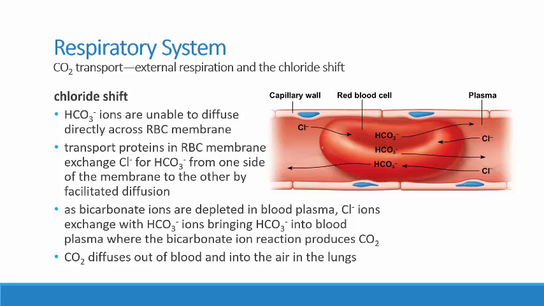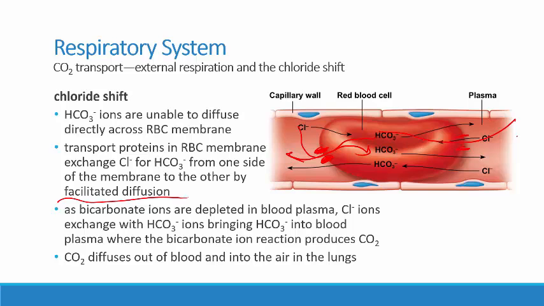And those transport proteins are willing to swap a bicarbonate ion out if they can bring a chloride ion in. So no ATP required here. It's all facilitated diffusion. So all over the red blood cell, we're doing this chloride shift, sending chloride ions in and bringing bicarbonate ions out.